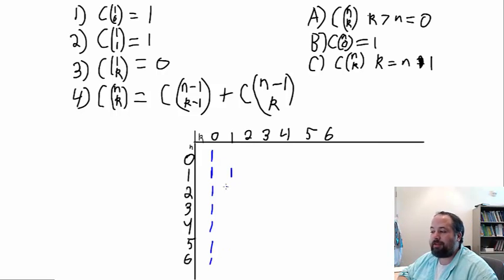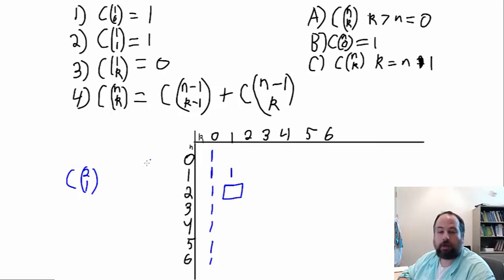So our first area that's kind of interesting is when we look at 2 choose 1. Because 2 choose 1 per rule number 4 is going to be 1 choose 0 plus 1 choose 1, right?